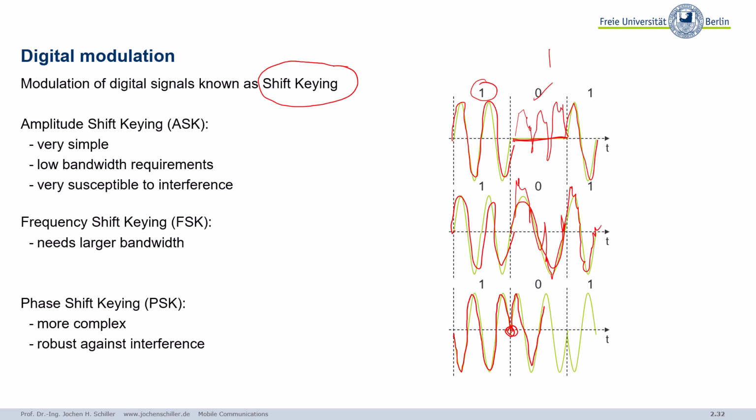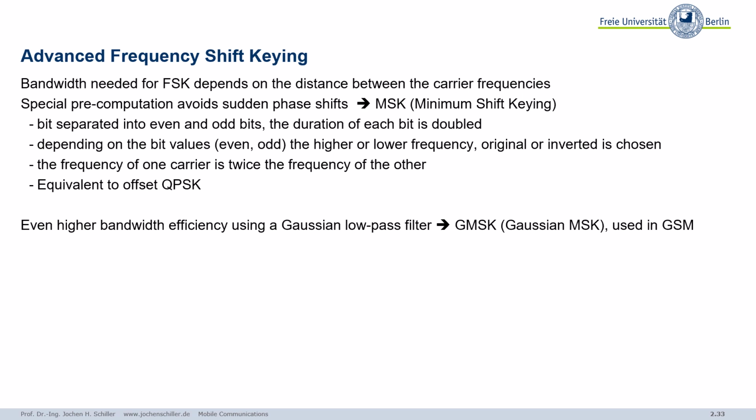So usually you combine the schemes. And just to give you one example, I show you a bit more advanced frequency shift keying used in the classical 2nd generation cellular phone system GSM. So there, and I will explain this using the diagram, you do a certain pre-computation to avoid this sudden phase shift. Remember the example on the last slide?